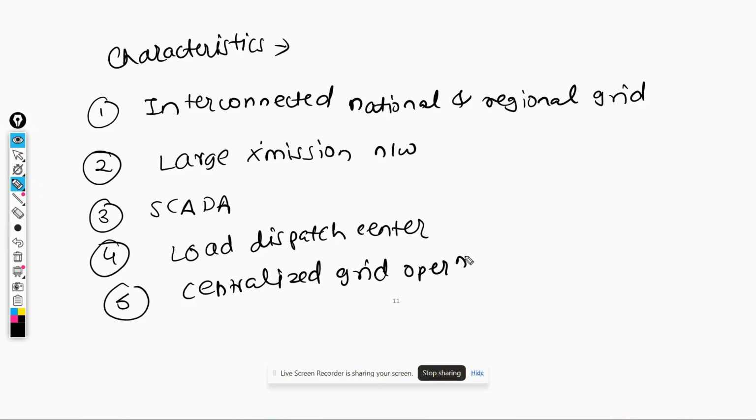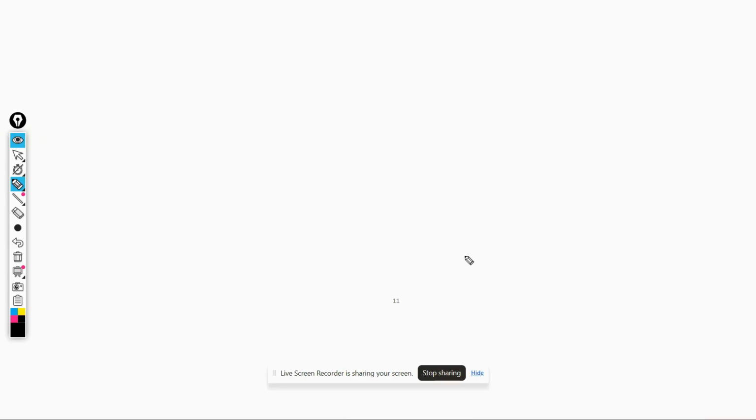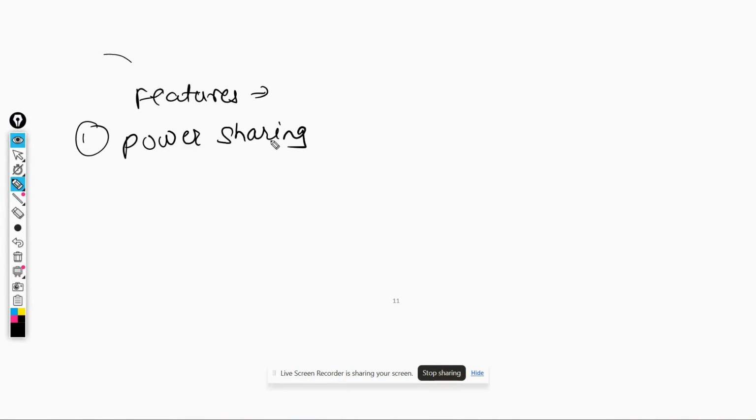Now we will discuss the features of this interconnected grid system. The first important feature was power sharing. Suppose Maharashtra has surplus electricity while Gujarat is facing shortage.